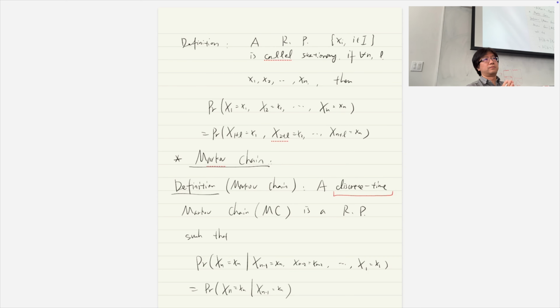So this is the definition of Markov chain. Markov chain doesn't mean it is stationary.